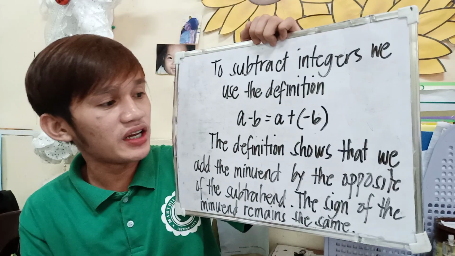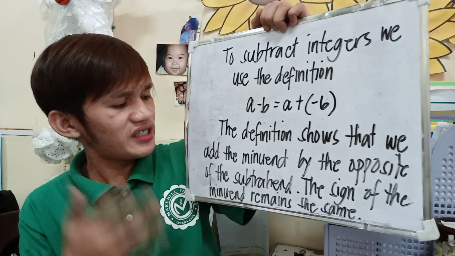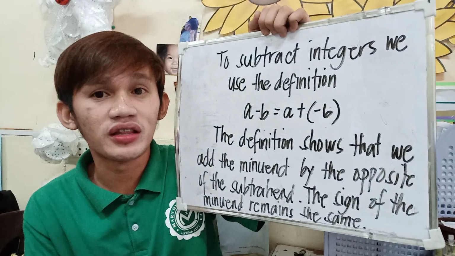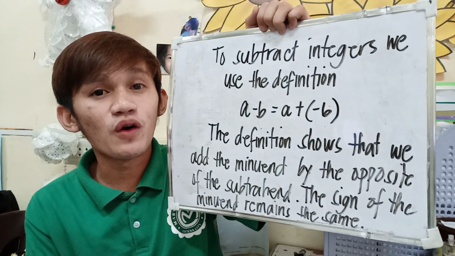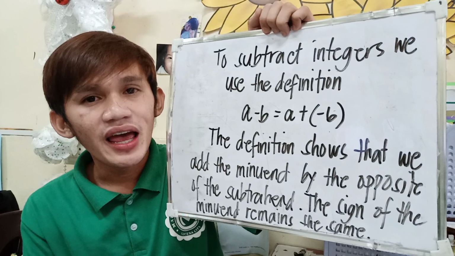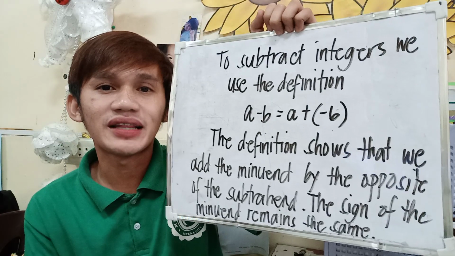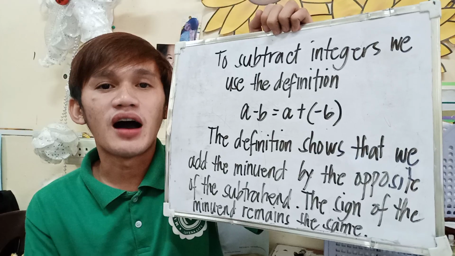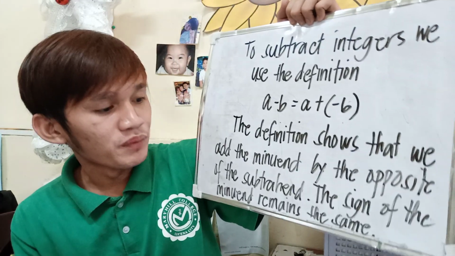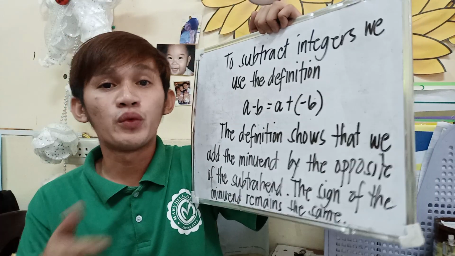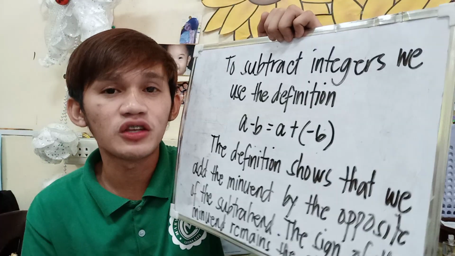This definition shows that we are just adding the minuend, and then we get the opposite of our subtrahend, and we keep the sign of our minuend. We are going to have examples so that you will understand this definition. So let's start with the first example.